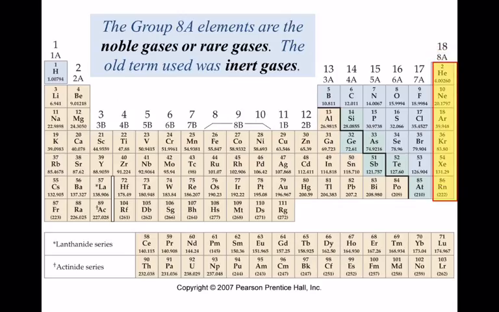Okay, so the last column, you need to know the names. Actually, it's got 3 names, which is kind of annoying. I think the first 2 kind of go together. They're either called noble gases or rare gases. Nobility is kind of awesome, and rare is like rare, okay? They are rare on Earth.